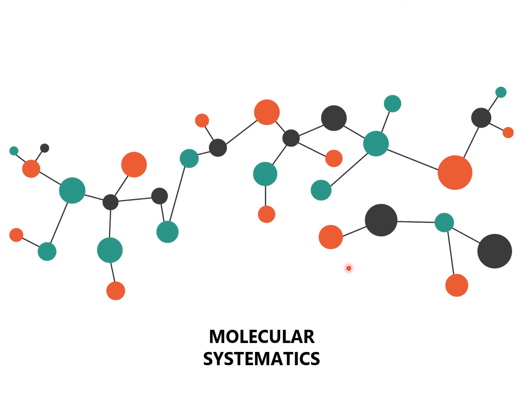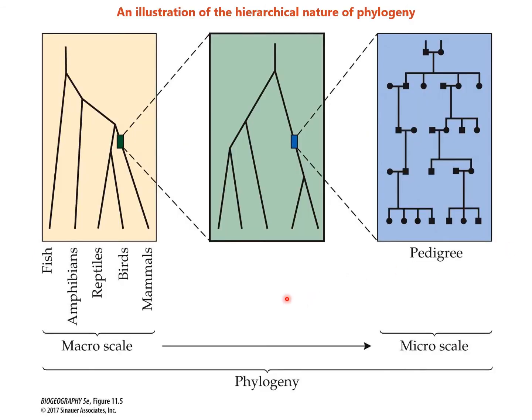There's a lot of different things that can come into play, and a lot of different ways that we can use this evidence. One thing that the molecular evidence allows systematicists to do is extend the scale of phylogenetic work that can be done.